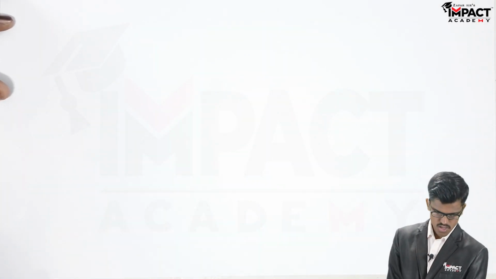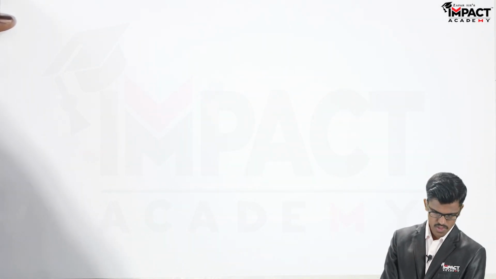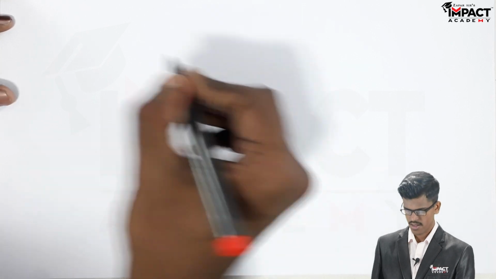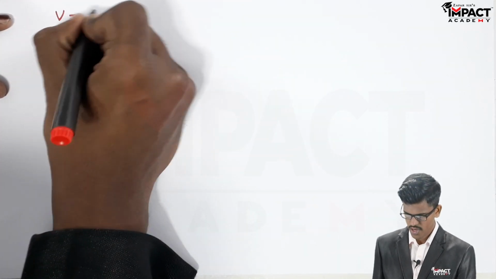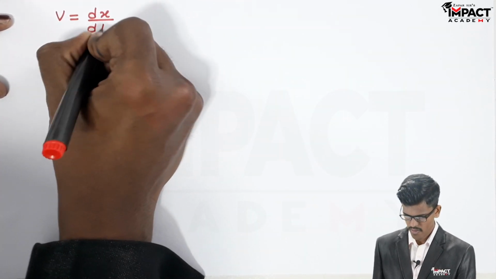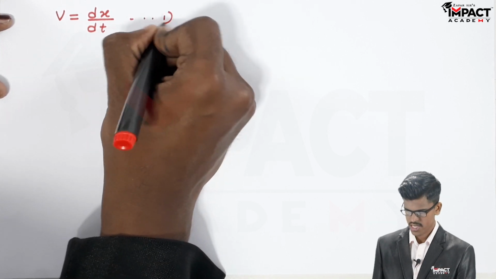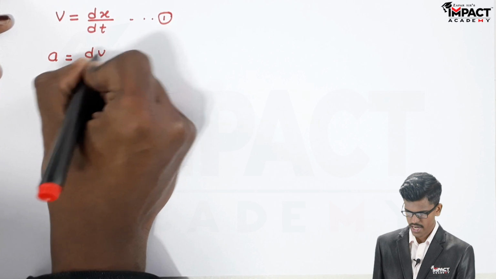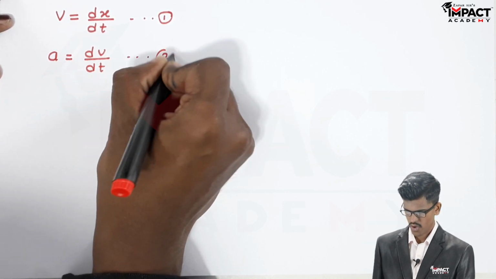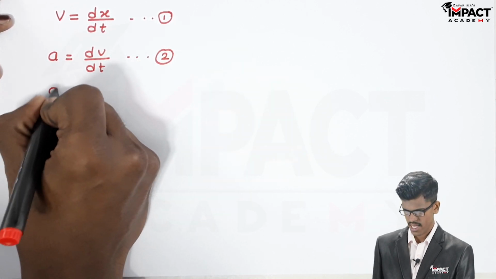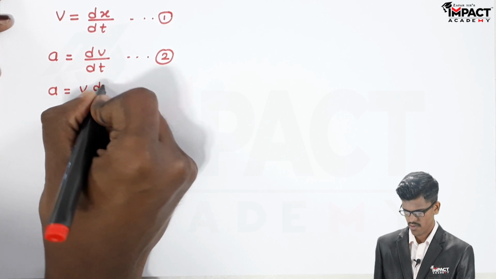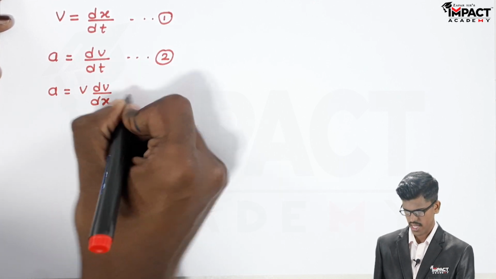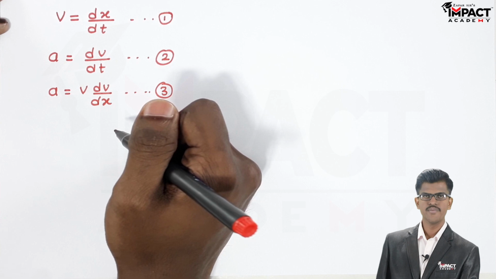We know three equations here. First, v = dx/dt. This is our first equation. Our second equation, a = dv/dt. Our third equation is a = v dv/dx.